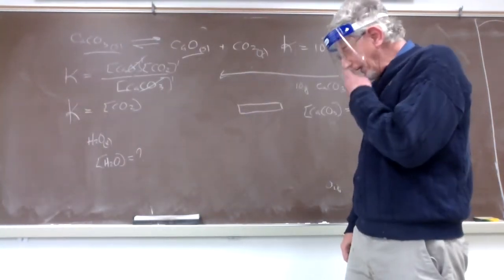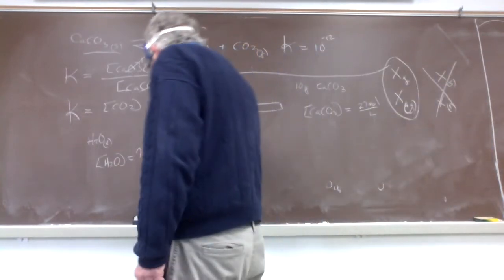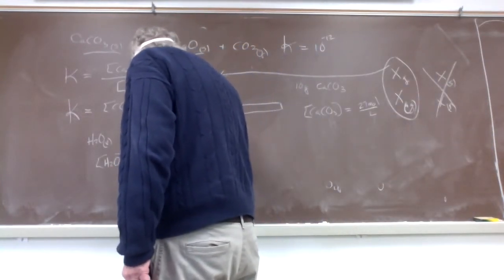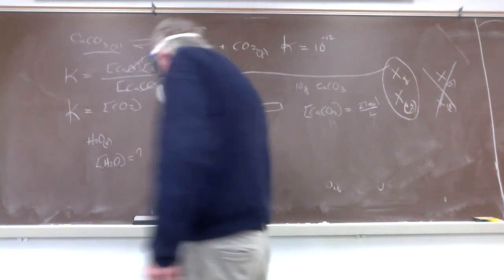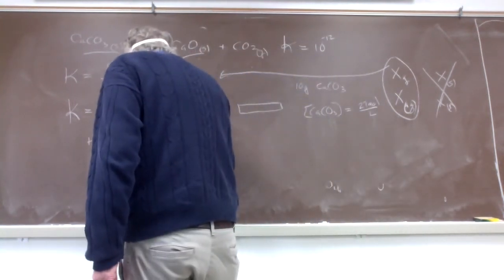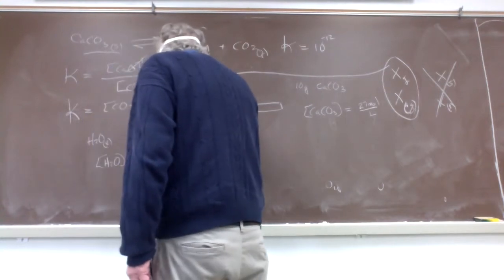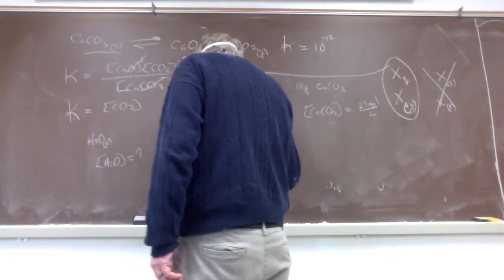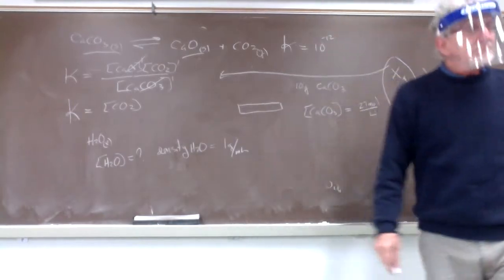And it turns out that the density of water is equal to 1 gram per milliliter. Right?